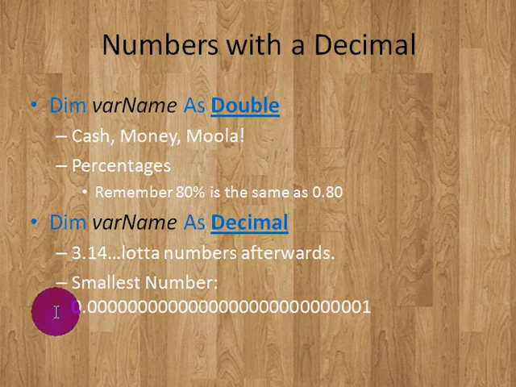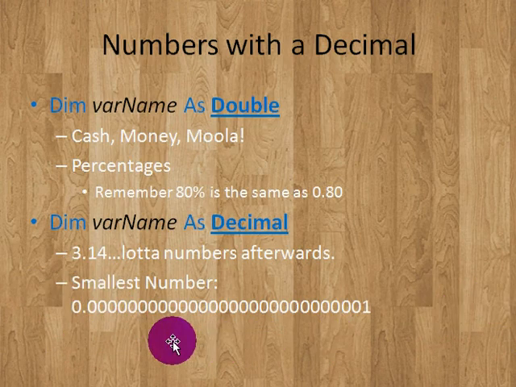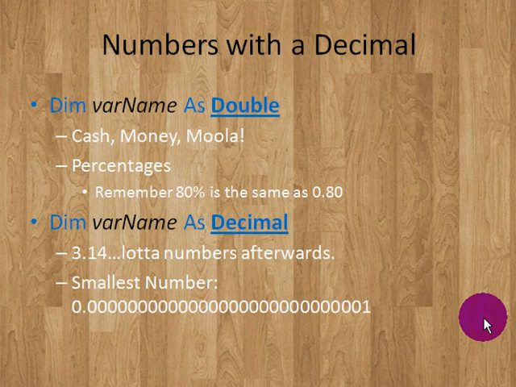All the way to the right, 28 places. It can handle that. So, for example, numbers like pi, 3.14, with lots of numbers afterwards that they're still calculating in order to find the end value of pi. Yeah, you can use a very accurate representation of pi by just using the decimal.